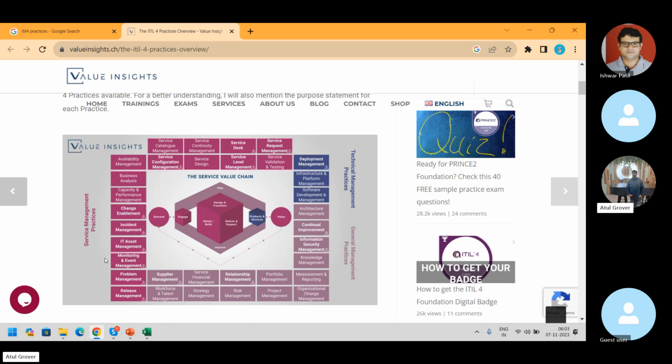So in the service management practices, we have release, problem, monitoring, IT asset, incident management, change enablement, not change management now. This has been changed in ITIL 4. Service design, service catalog, service desk. Earlier service desk was a function, now it became a practice. Service request management, validation.